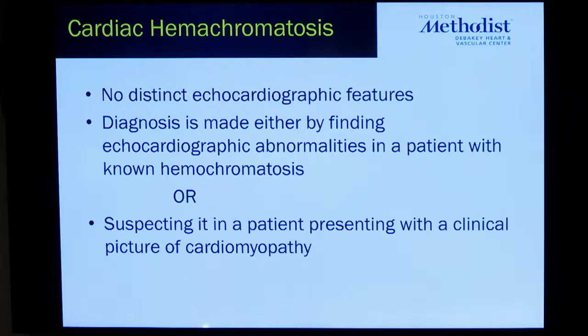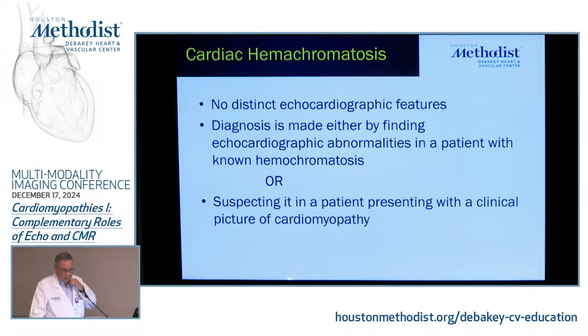So hemochromatosis, of course, has no distinct echo features, and the diagnosis is made by knowing that the patient already has hemochromatosis, doing a ferritin, and then, of course, you can follow through with CMR and other tests as needed.